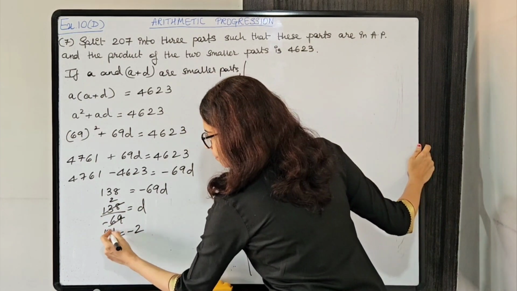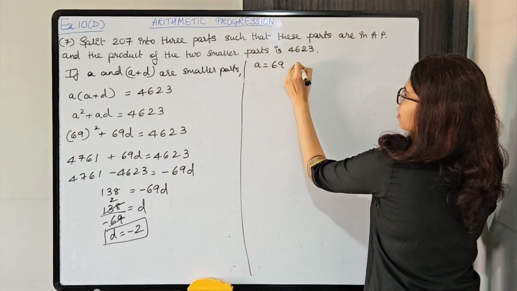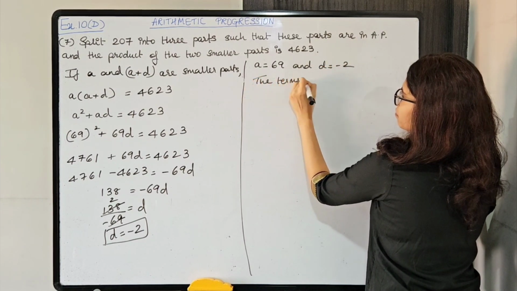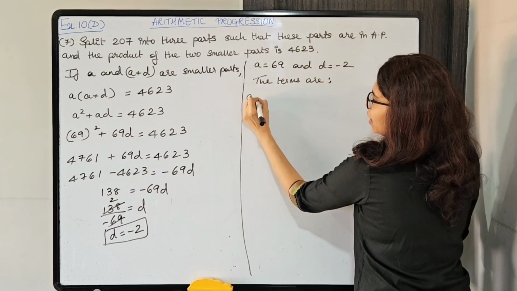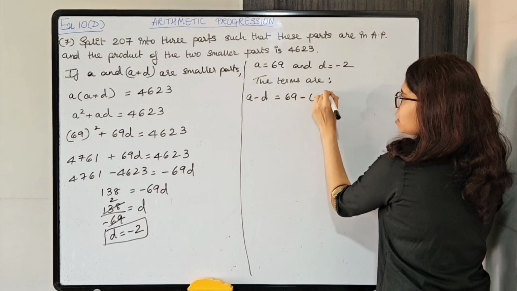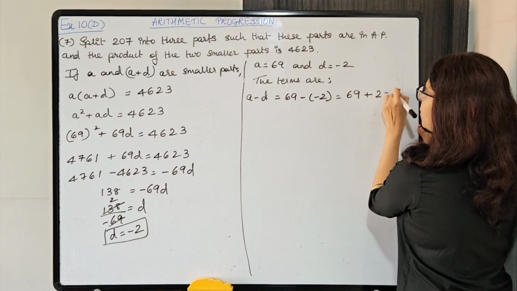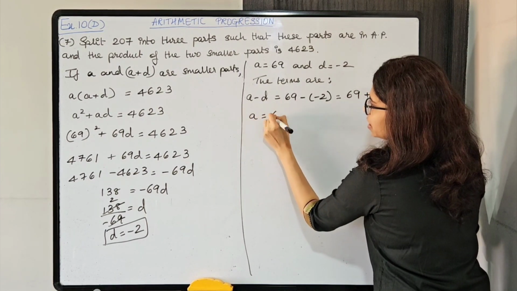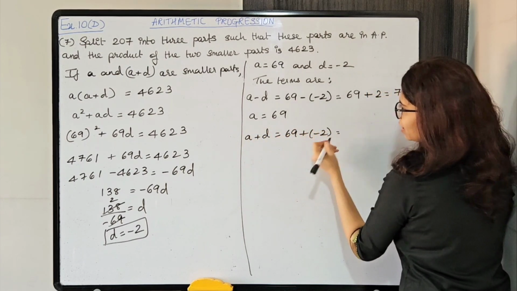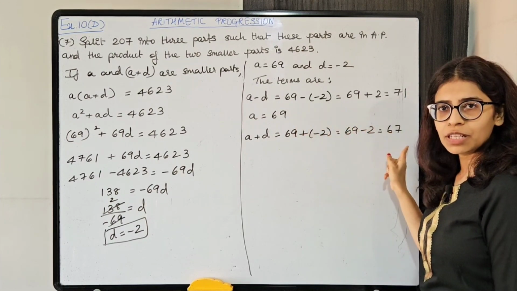Okay. So A is 69 and D is minus 2. So the terms are A minus D, that is 69 minus minus 2, that will give 69 plus 2, right? So 71. A is 69 and A plus D will be 69 plus minus 2, that will be 69 minus 2, that is 67. So we got the reverse AP, right?